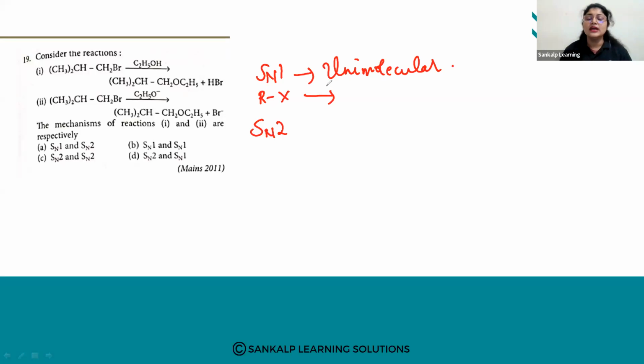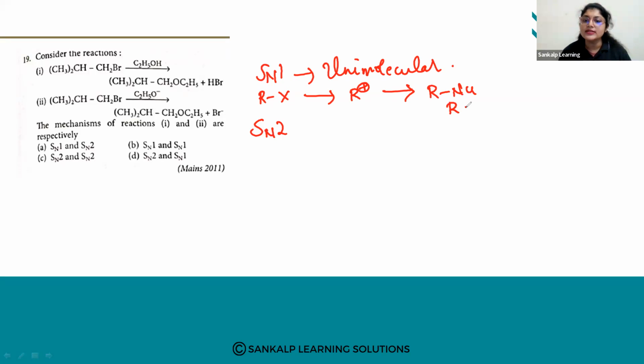In the first step, there is heterolytic cleavage, breaking of the bond with the alkyl halide, and there is formation of carbocation. Later in the second step, the nucleophile attacks the carbocation, and you get a substituted product.